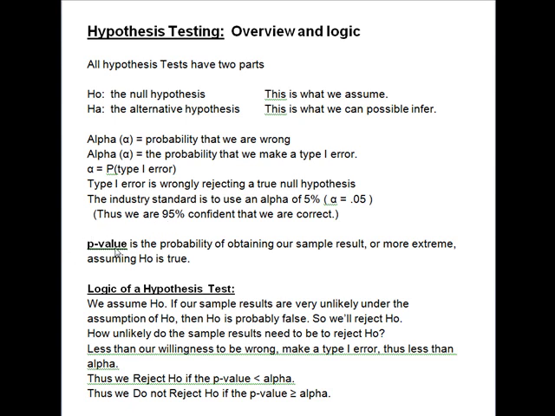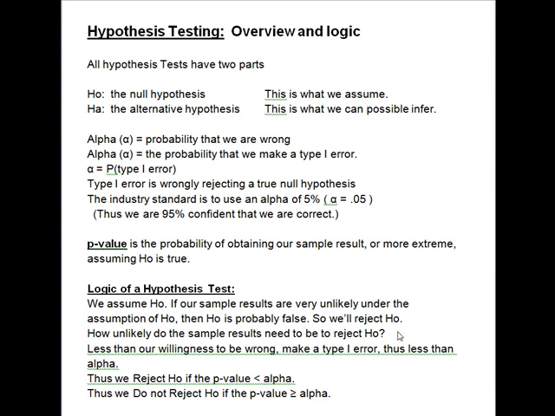One other terminology is a p-value, and that is the probability of obtaining a sample result or more extreme, assuming H0 is true. Here is the logic of a hypothesis test. We assume H0, and if our sample results are very unlikely under the assumption of H0, then H0 is probably false. Simple as that.